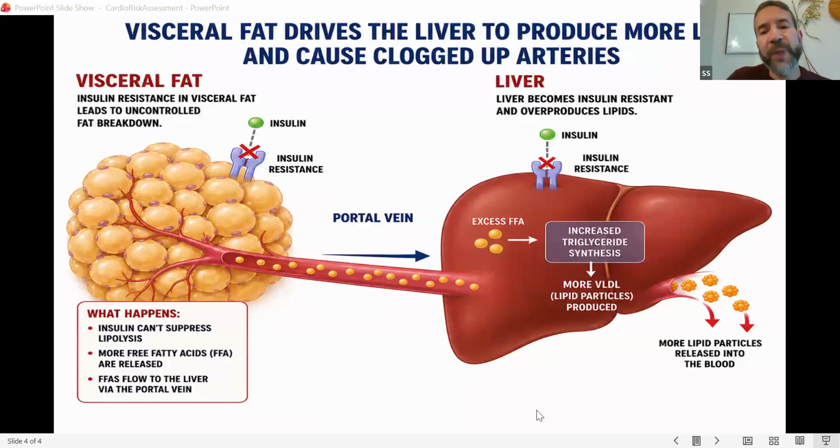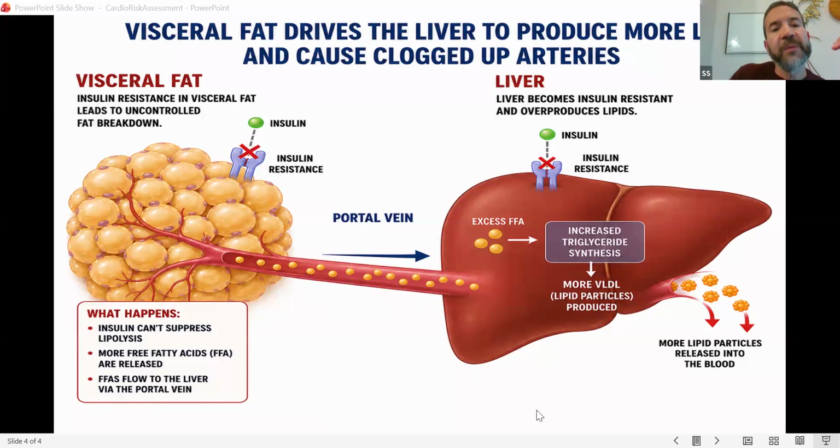Now, when we have too much visceral fat and we have insulin resistance, lipolysis, the breakdown of fat, is not suppressed. Insulin causes visceral fat to pump the brake on releasing free fatty acids.